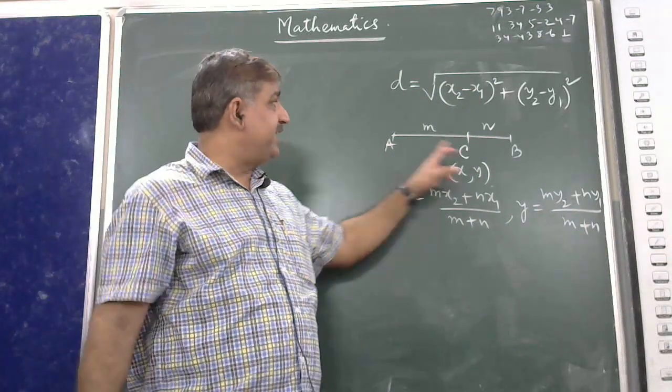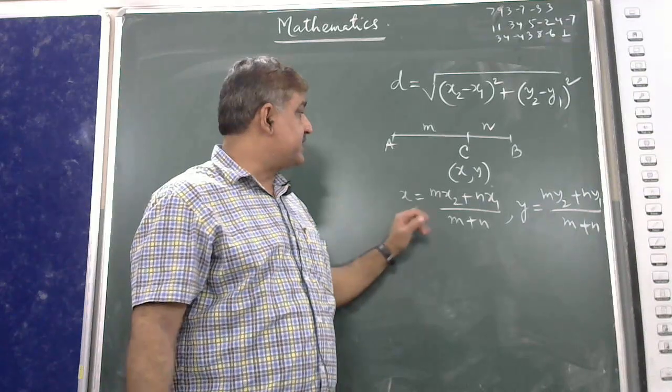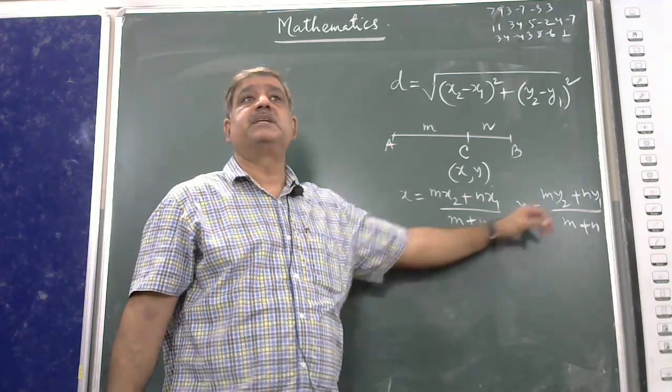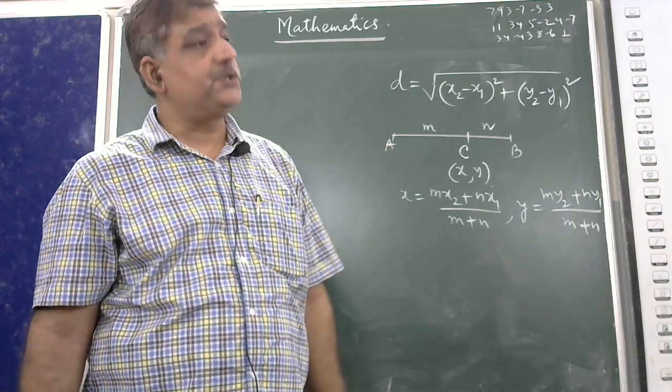Further, if C is the midpoint, we have derived that x is equal to (x2 plus x1) by 2. Similarly, y is equal to (y2 plus y1) by 2.